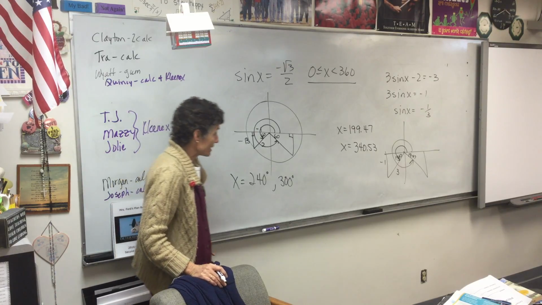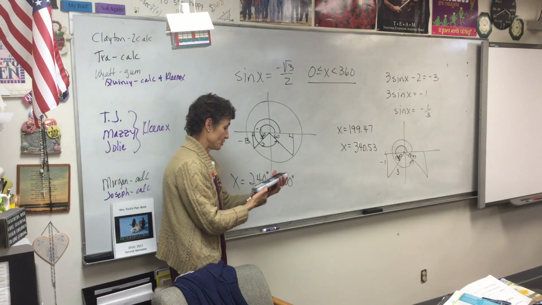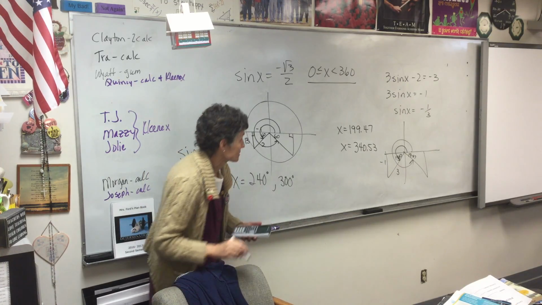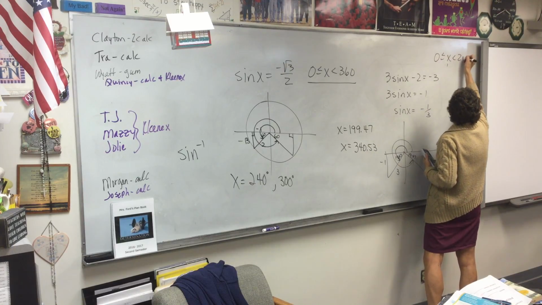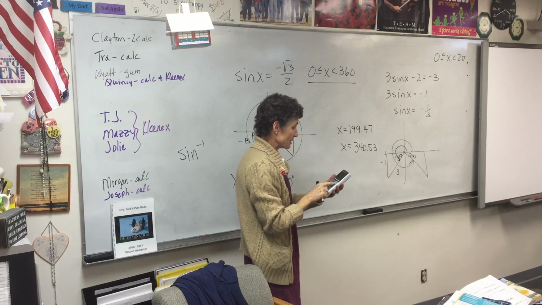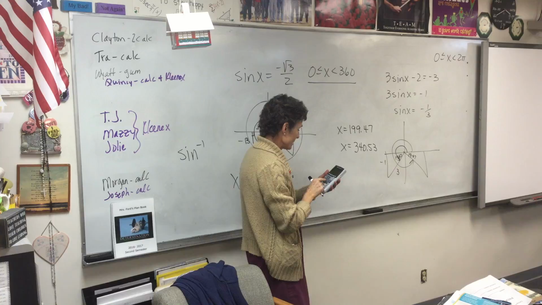I could have answered that in radians if I had been expected to. And I say that because the directions are in radians. The only change I have to make is I need to go back to mode and set my calculator in radians.